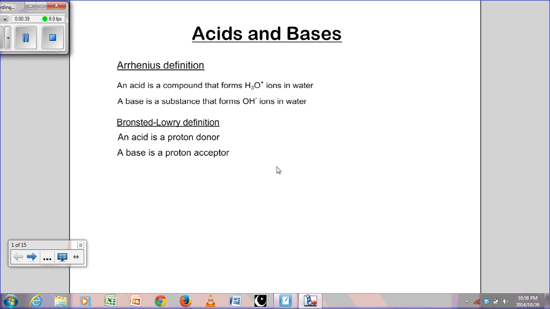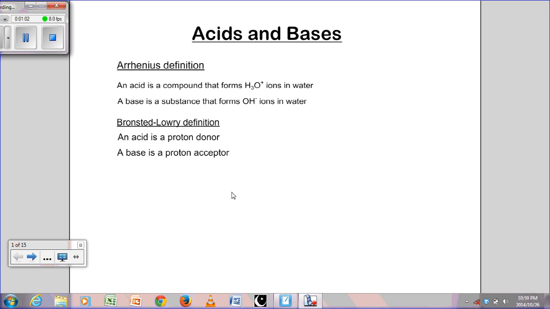Going further, there were two scientists, Bronsted and Lowry, who came up with a definition which seems to be a better definition of acids and bases that we use today. According to the Bronsted-Lowry definition, an acid is a proton donor, meaning that an acid donates H+ ions in a reaction.